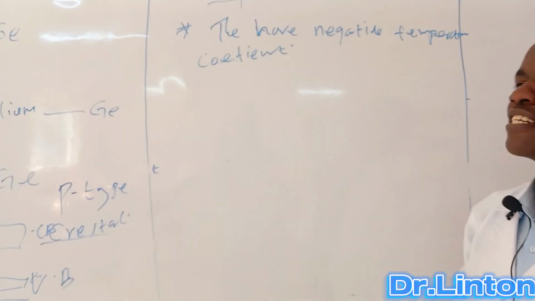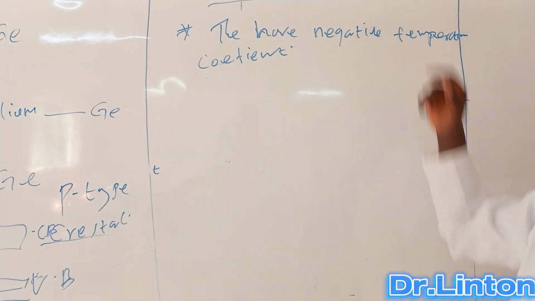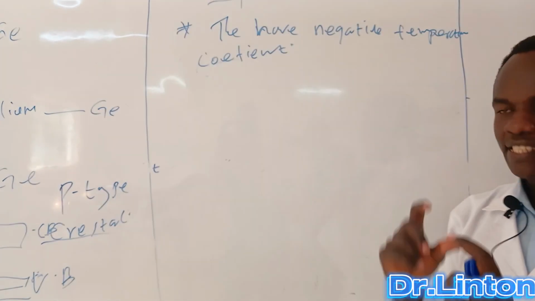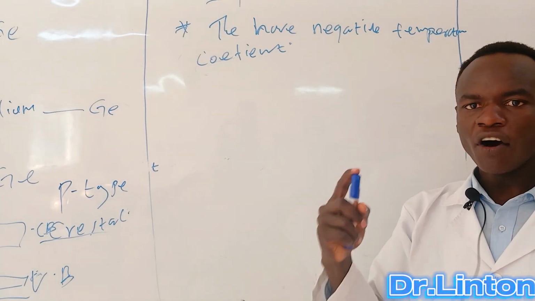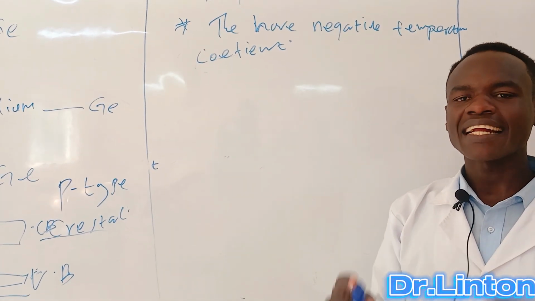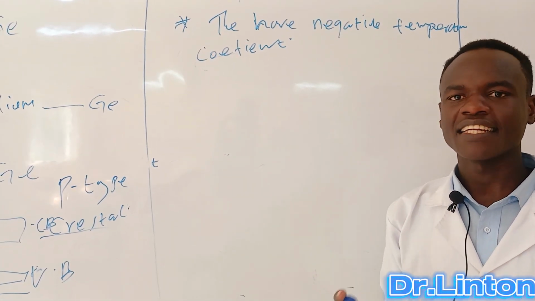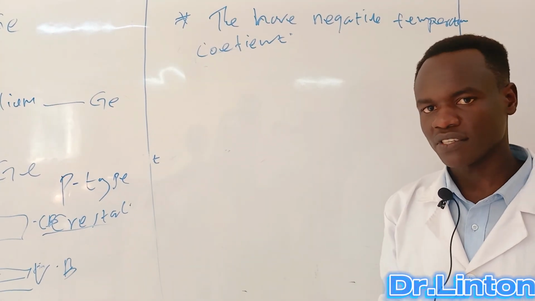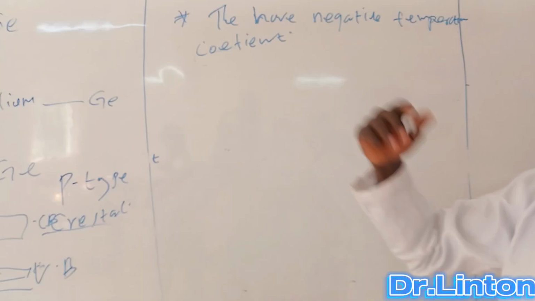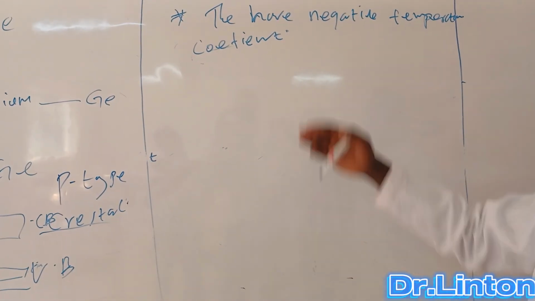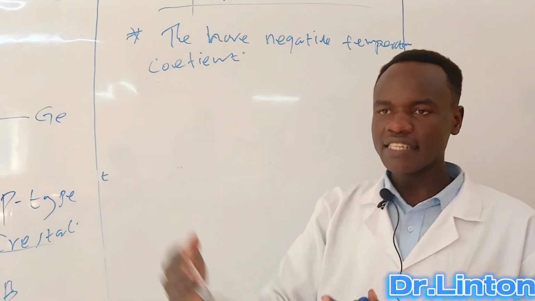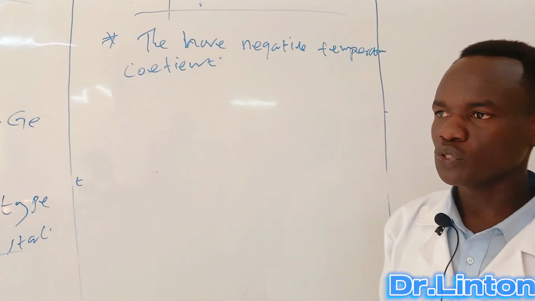When the temperature is increased, the conductivity of these semiconductors increases. Whereas when the temperature is decreased, the covalent bonds are stronger, meaning that the electrons are tightly held by these covalent bonds. When the temperature increases, the conductivity of the semiconductors appreciably increases with respect to temperature.